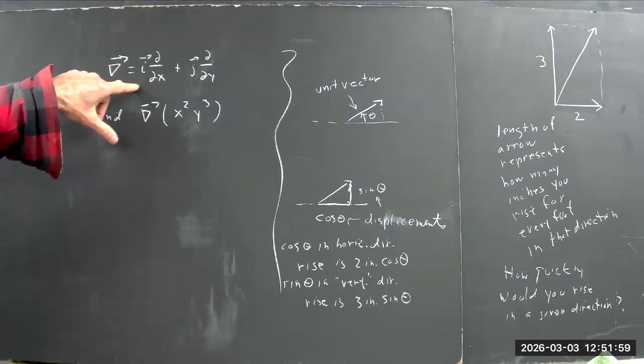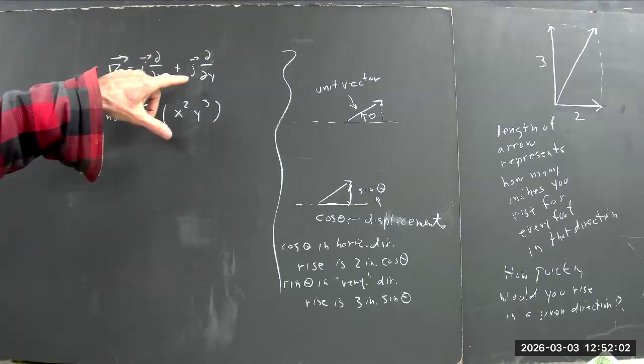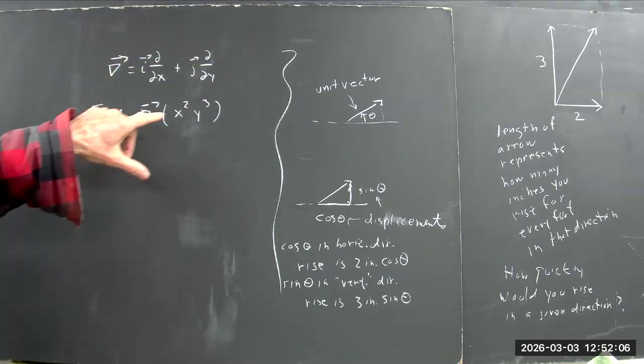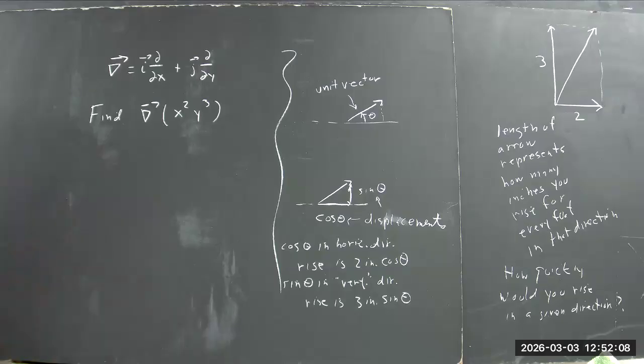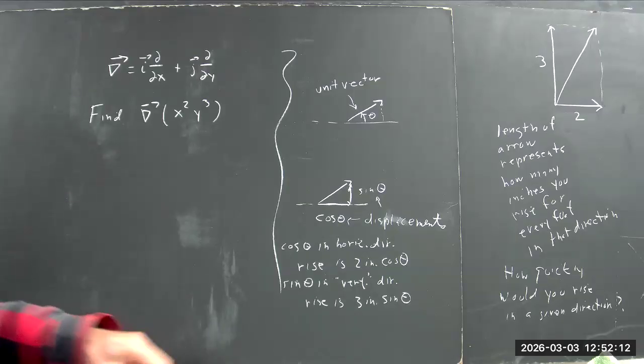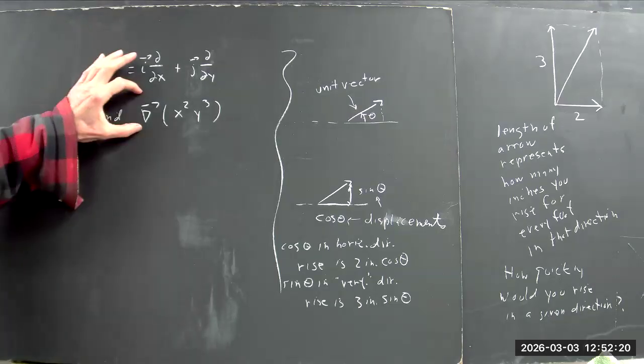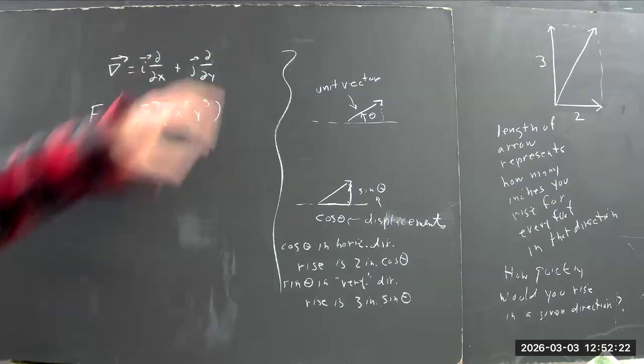The del operator is i partial with respect to x plus j partial with respect to y. Can you find del of x squared y cubed? Let's jot it down quickly. First thing you want to do, of course, is make it easy and replace del by this.